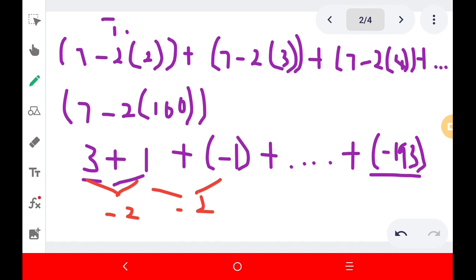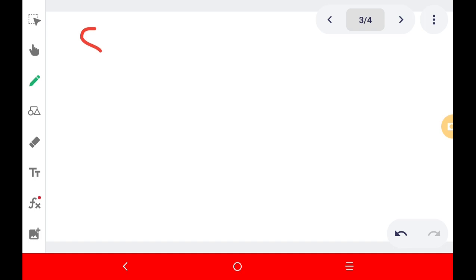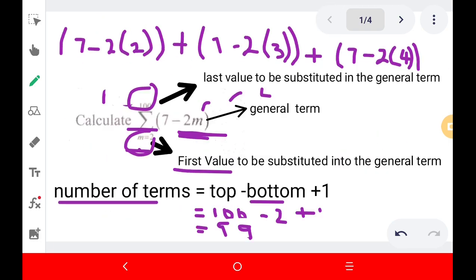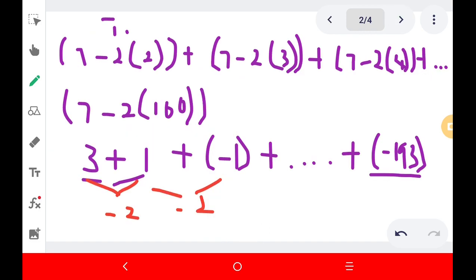If it's an arithmetic series, we're going to use the following formula, which says Sn is equal to n all over 2, and then we have our first term, plus our last term. Now remember, we've already calculated n. We said we are looking for the sum of the first 99 terms.